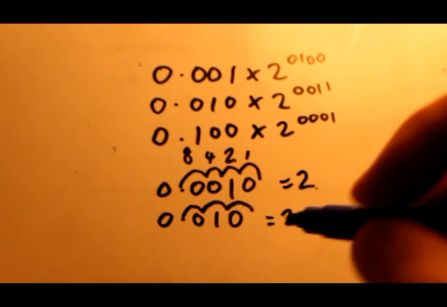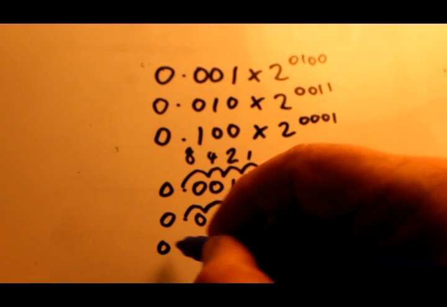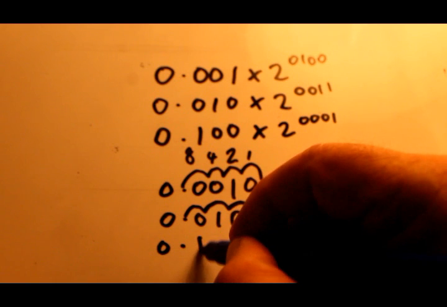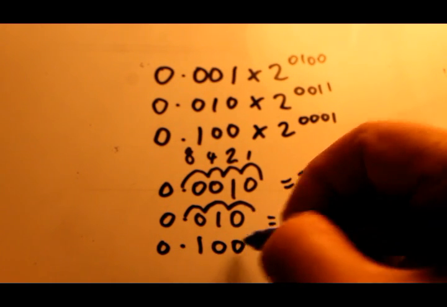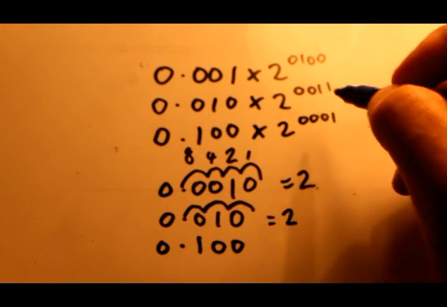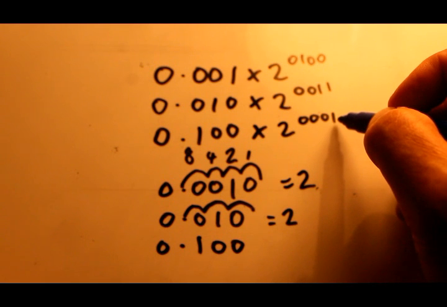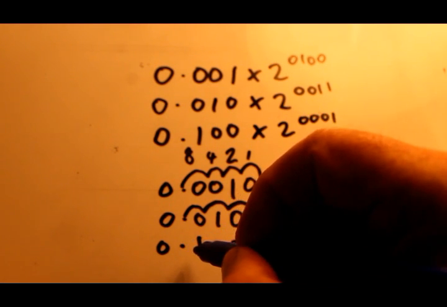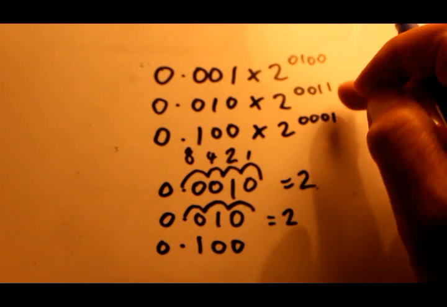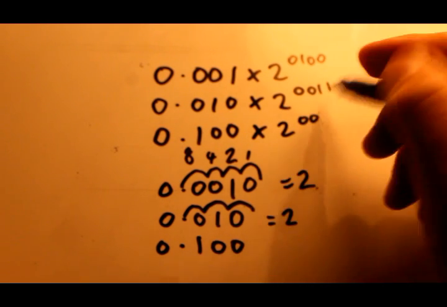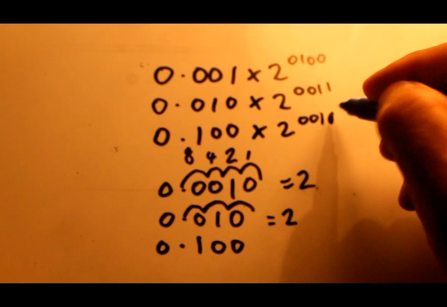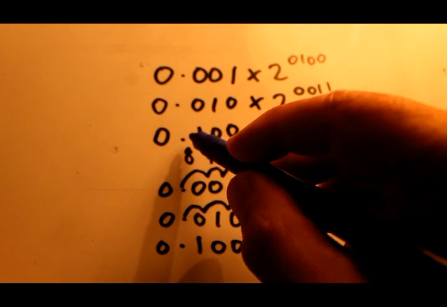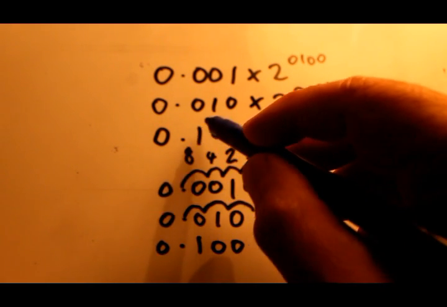Now let's take the last one, 0.100, and you can see that we've got to float it 1 place. Oh, sorry, that's a mistake there. So we've got to float it 2 places.